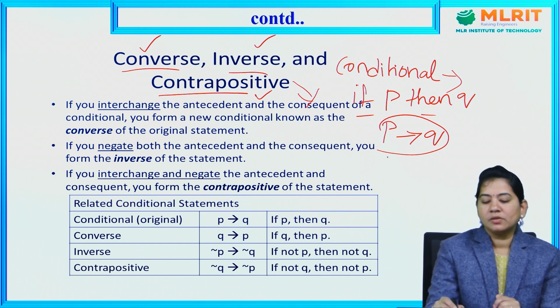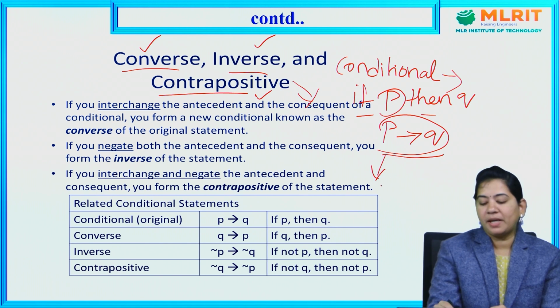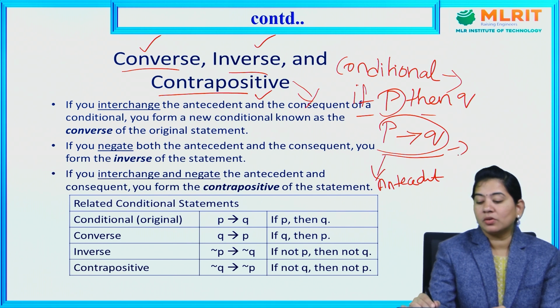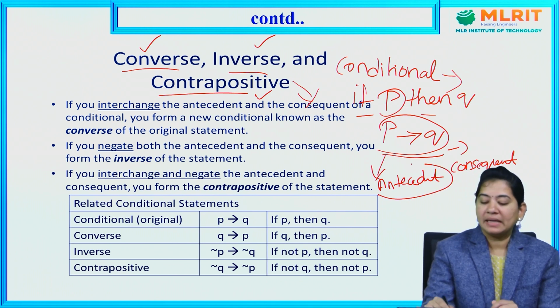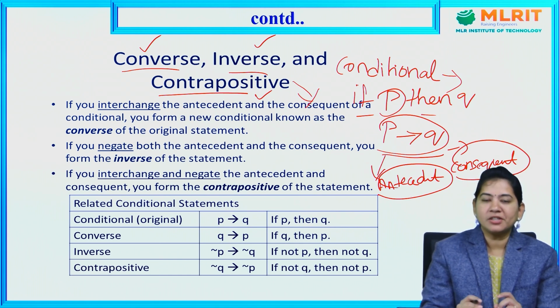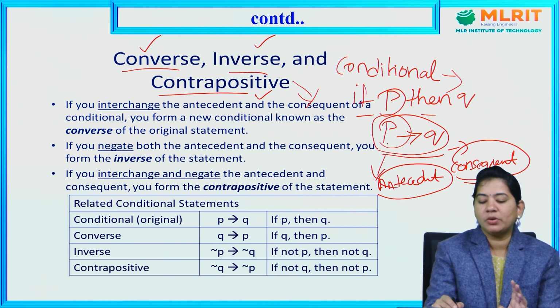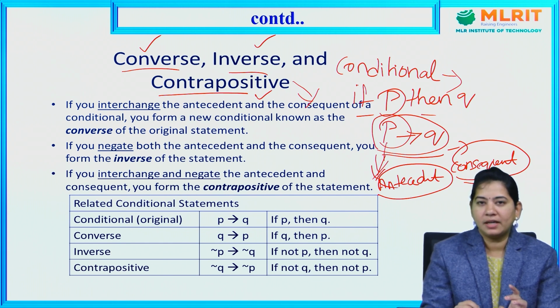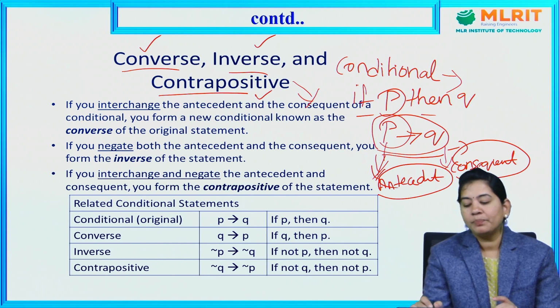In this P implies Q, P is called the antecedent and Q is called the consequent. What is meant by antecedent and consequent here? The antecedent is the statement which leads to the conclusion. The first part, before implies, is called the antecedent, and the second part, after implies, is called the consequent.